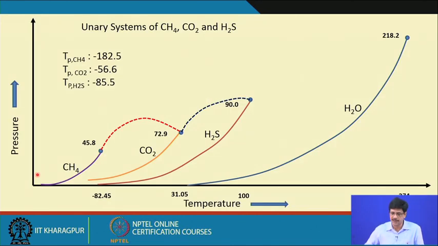So, this diagram is kind of a combined unary diagram of methane, carbon dioxide, water and H2S. This is methane.